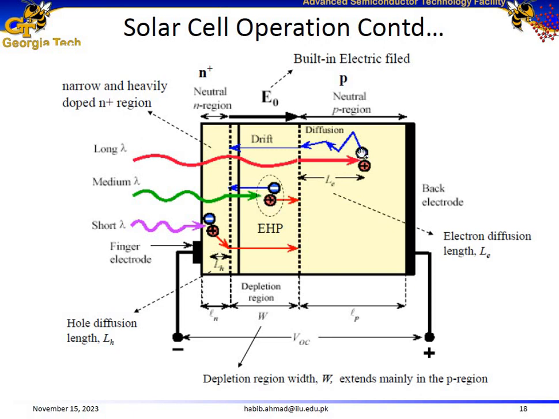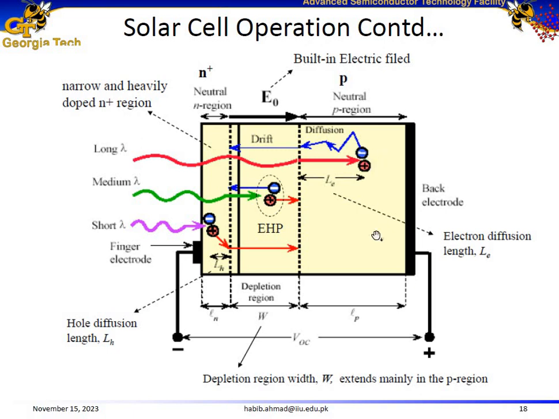Now just like this hole, the electron in the p-type layer also has a certain lifetime, and it can travel a particular distance within its lifetime, called the diffusion length. So if this electron-hole pair is generated within its diffusion length, then they can travel and get collected by the electrodes, and they can contribute towards power from the solar cell.